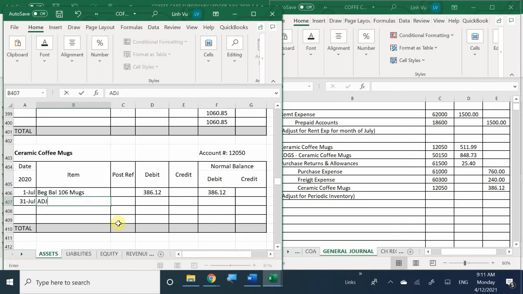Right? It was an adjustment. We had ending. How many cups do we have remaining?